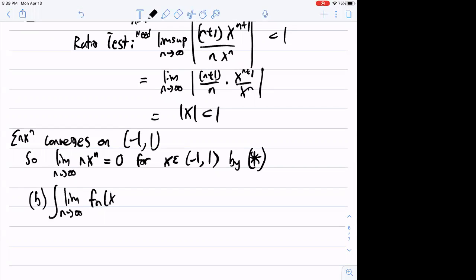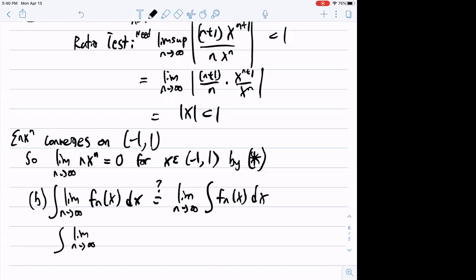Integral fn of x dx. So if I take the integral, is this equal to limit n goes to infinity, integral fn of x dx? We calculated this side, right? We said that the limit, let me just write what fn is. So we are basically asking this, right?